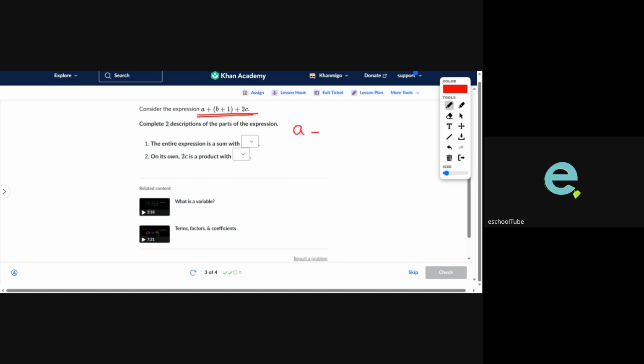A plus B plus 1 plus 2C. अब इसको अगर if we consider this as one term, this is second term, this is third term.